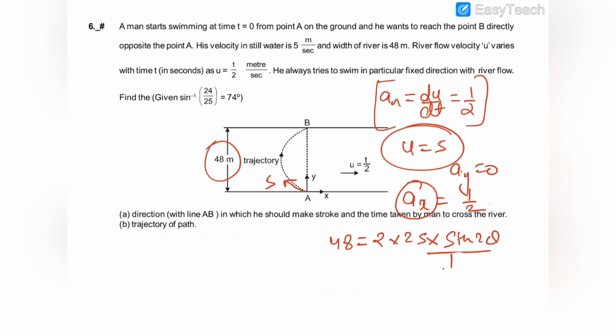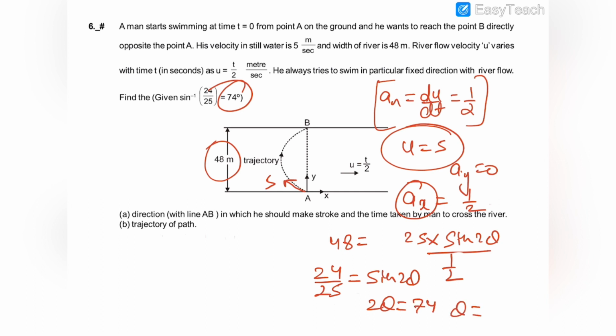So it would be equal to 24 by 25. So sine 2 theta is equal to 24 by 25, and sine inverse 24 by 25 is 74 degrees. So 2 theta is 74 degrees, so theta is 37 degrees.